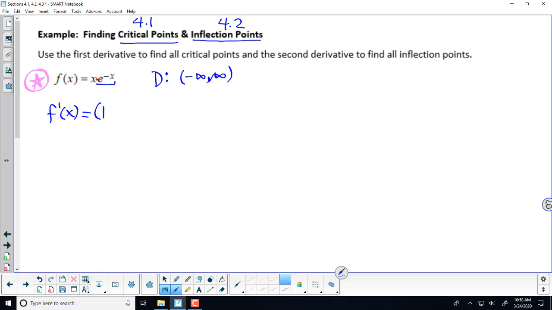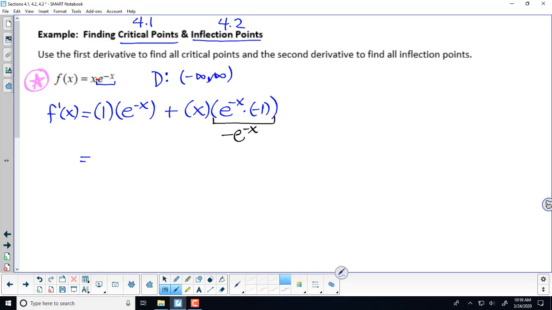Derivative of the first times the second plus the first times the derivative of the second. Now, notice the second one we use chain rule. E to the x, e to some function of x. So it's that function itself times the derivative of the exponent, which is -1. If you want to go straight to this, negative e to the negative x, fine with me.